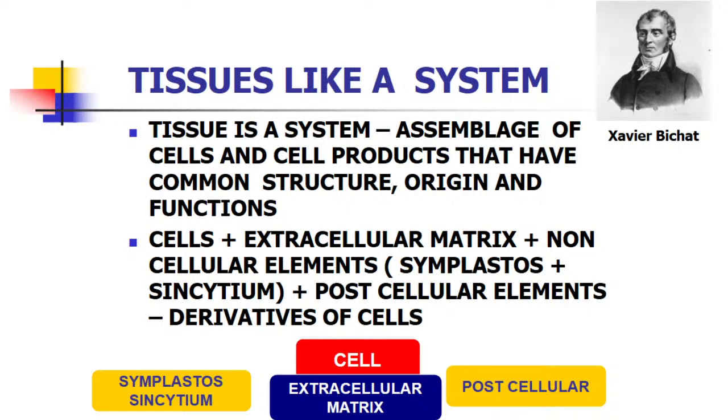And modern histology discusses the components of tissue as a system of cells and cell products, for example, extracellular matrix, which ordinarily contains ground substance and fibrous component.